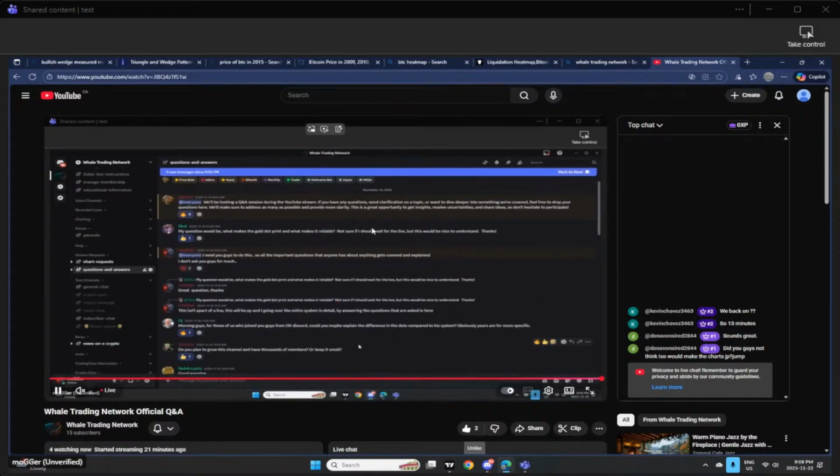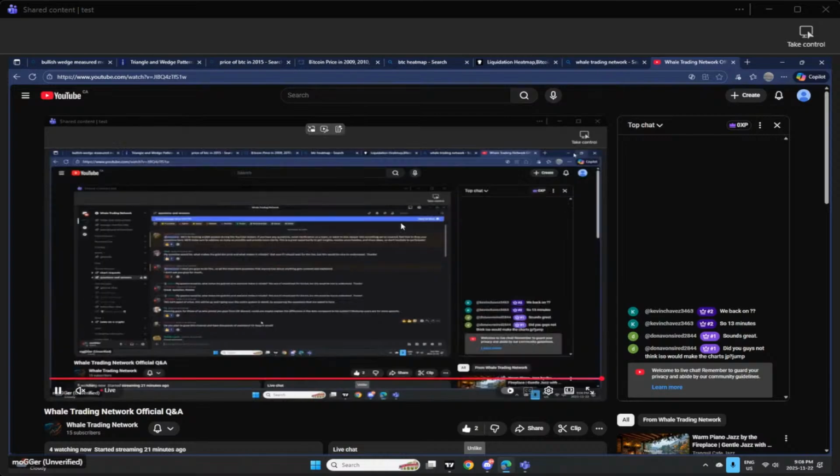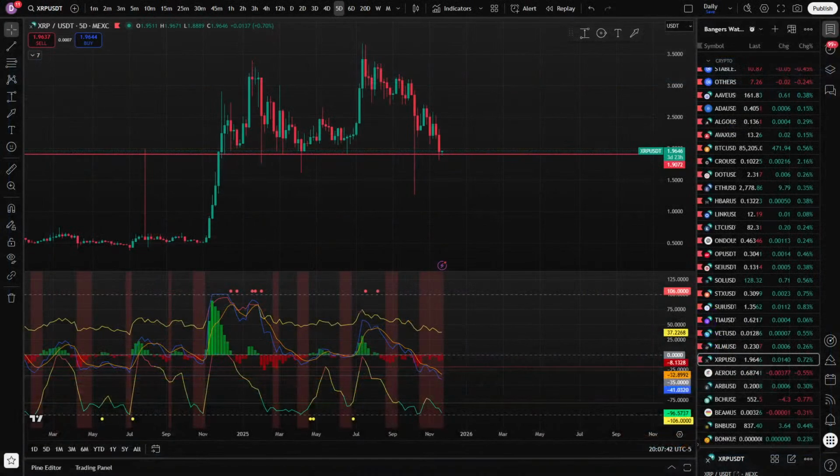Sure. The dots in our system are really controlled from quite a few different metrics. We are looking at the MACD and the signal. We're looking at the stochastic RSI, which is down here, and the RSI up here.